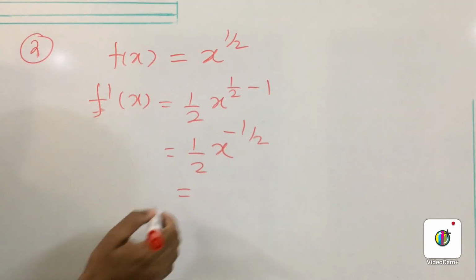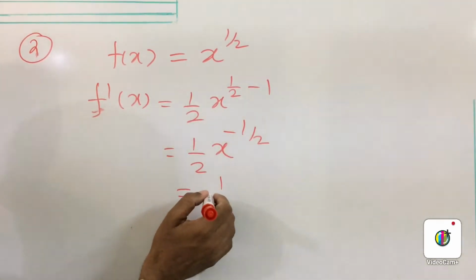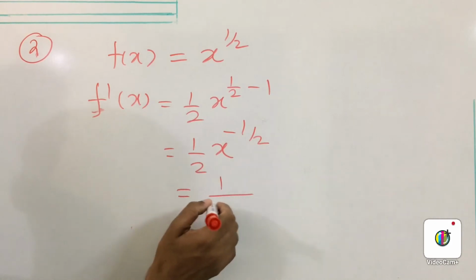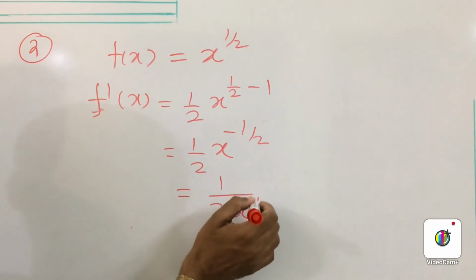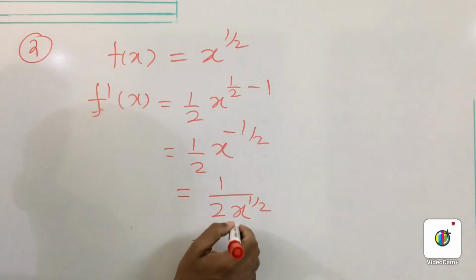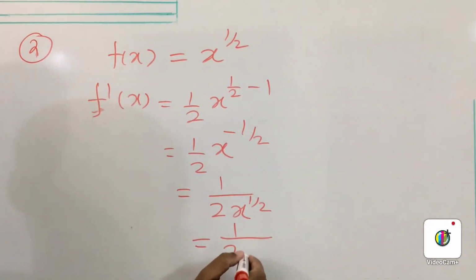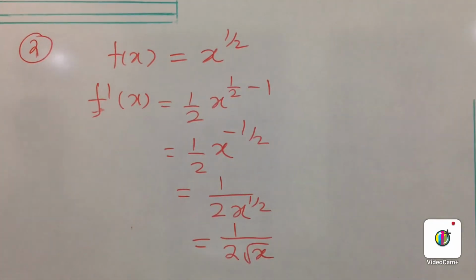Now change it to positive power, therefore 1 over 2 x to the power half. You can write this as 1 over 2 square root of x. This is the answer for the second question.